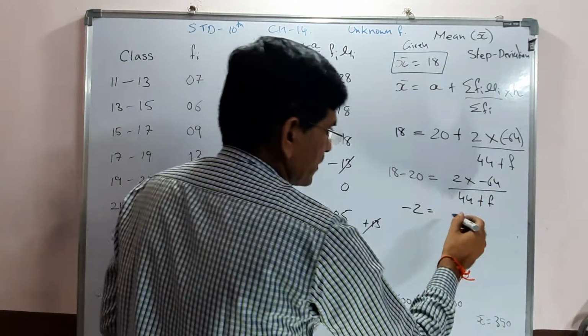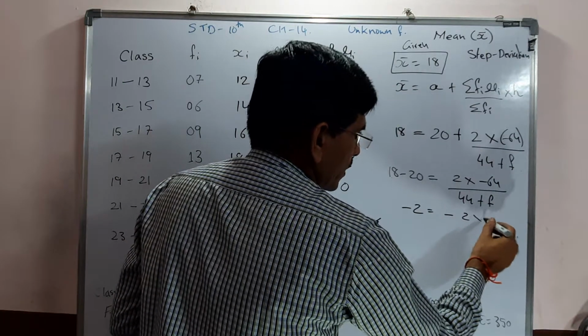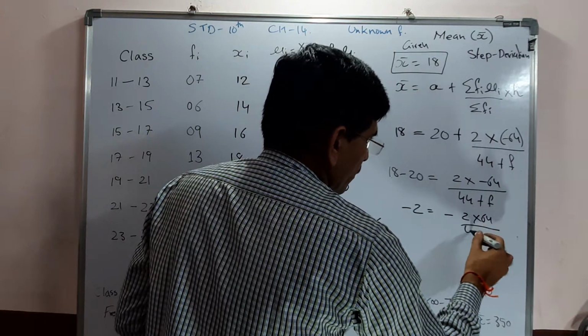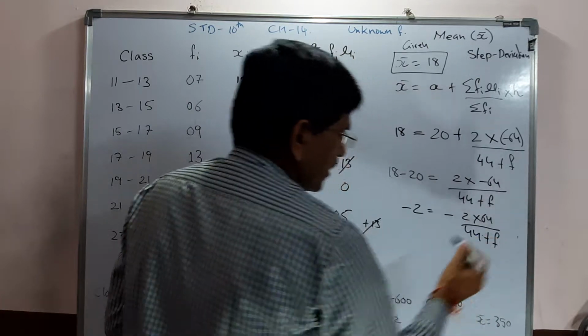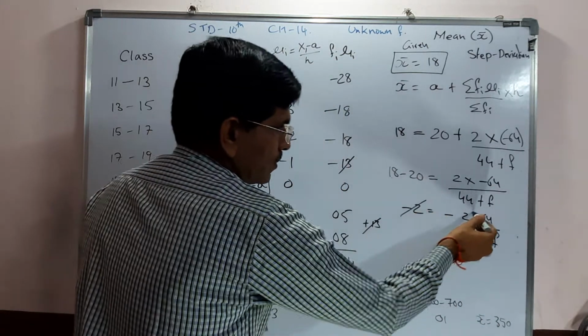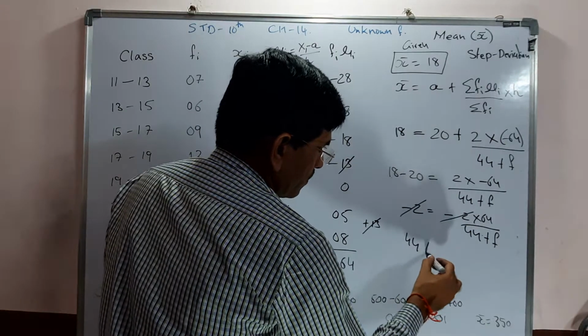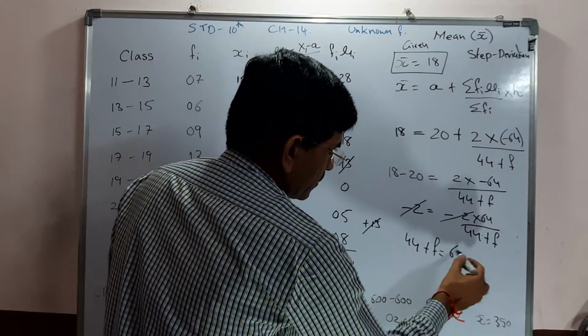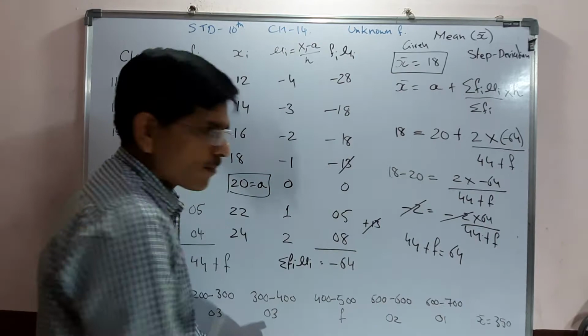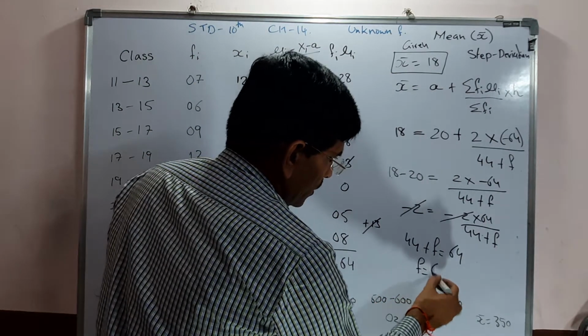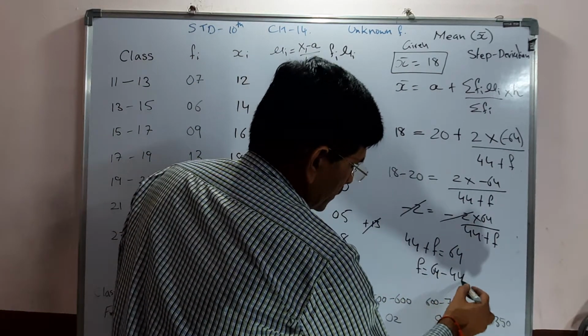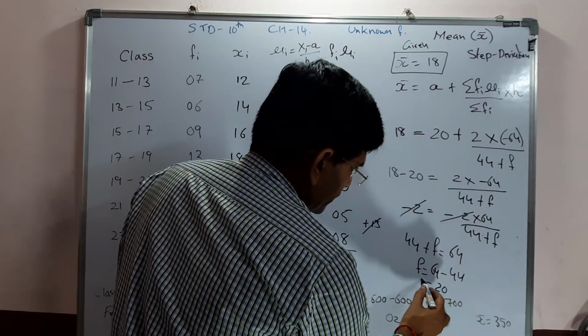So this minus sign again multiplies 64 upon 44 plus f. So these two negative signs cancel. So 44 plus f is equal to 64. So f is equal to 64 minus 44, that is 20.